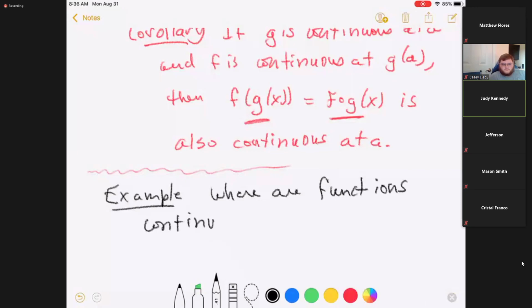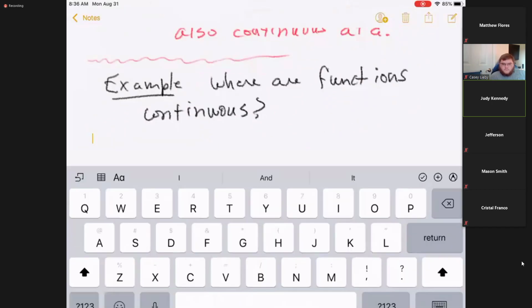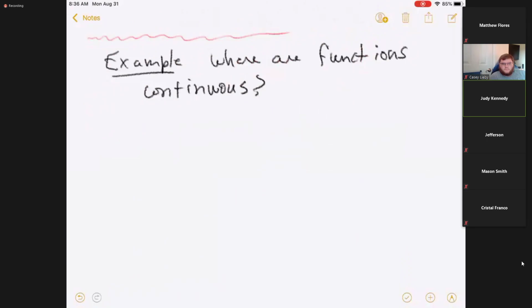That is, for what numbers? All right, here's the first one. f of x is equal to the sine of x squared.